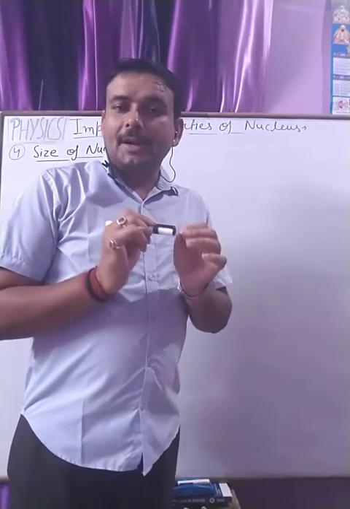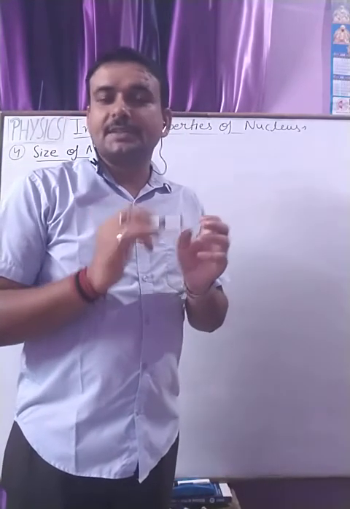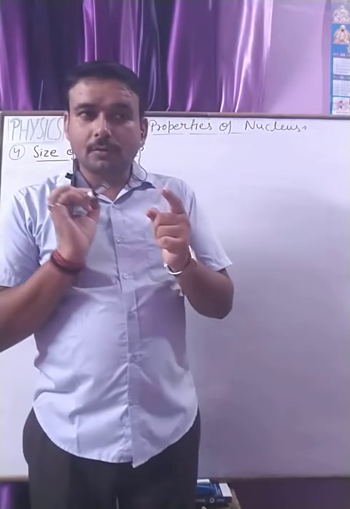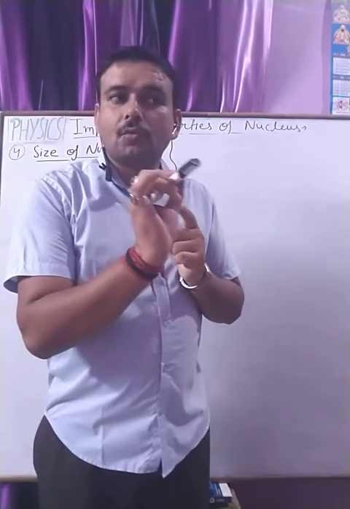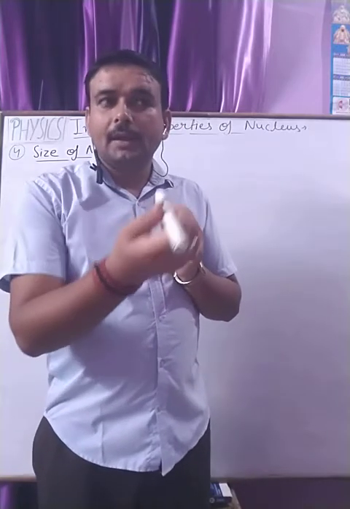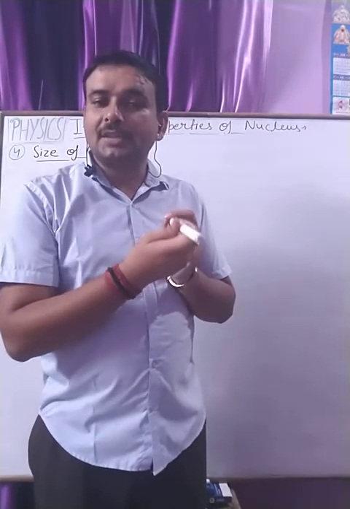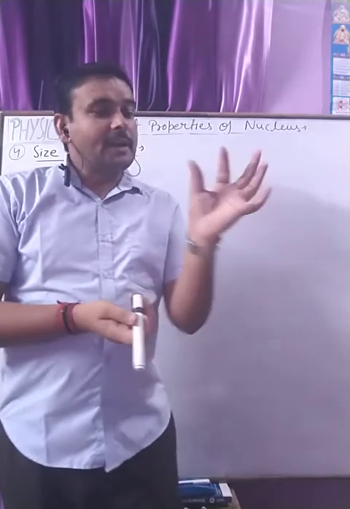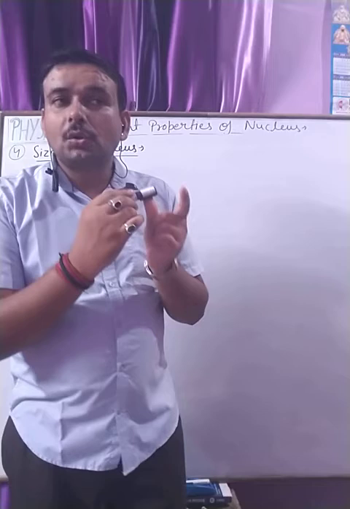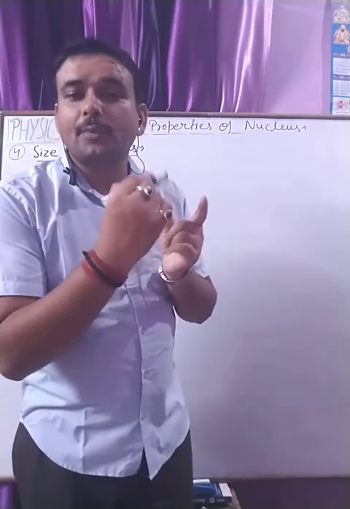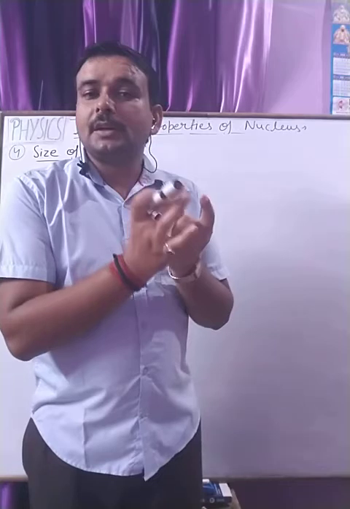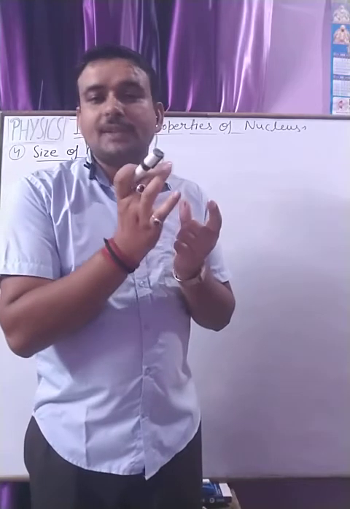In the alpha particle experiment, we discussed earlier that the particle which goes towards the nucleus of an atom and returns back in the same direction, that small distance to the point it reaches is the distance of closest approach.